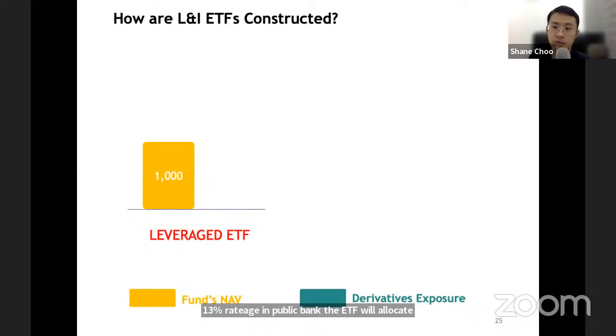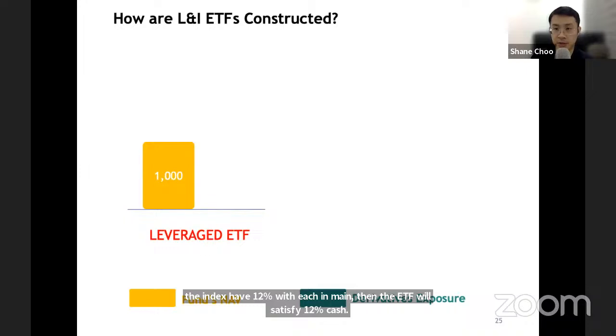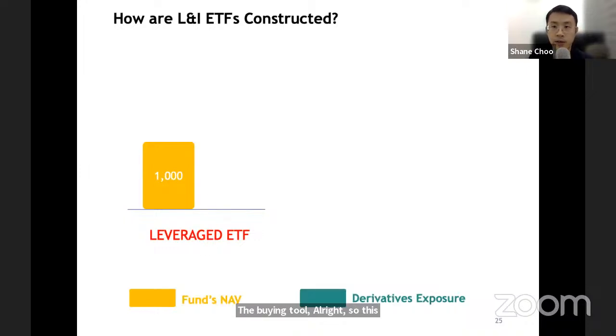If the index has 12% weightage in Maybank, then the ETF will set aside 12% cash to buy into Maybank. So this is full replication. Whatever constituent stock exists in the index, the ETF will mirror the weightage and the constituent stocks.